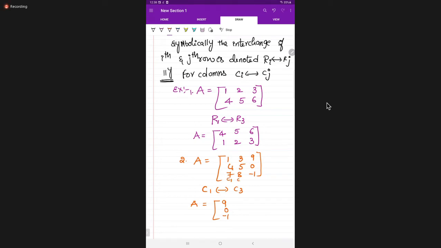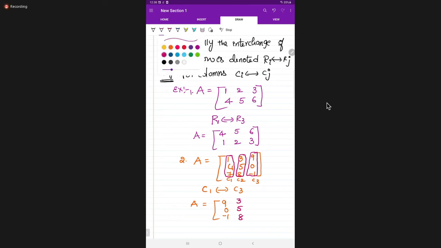Students, this is C1, this is C2, this is C3. Now the problem given is C1 interchange C3, which means in place of C1, write the C3 elements 9, 0, -1. C2 elements write as they are: 3, 5, 8.